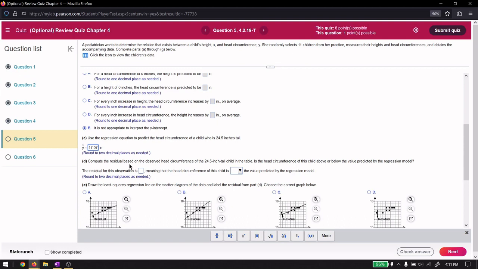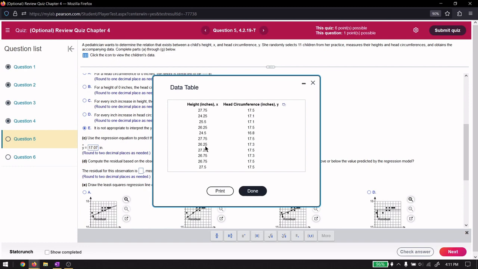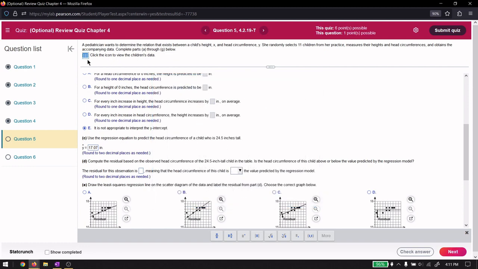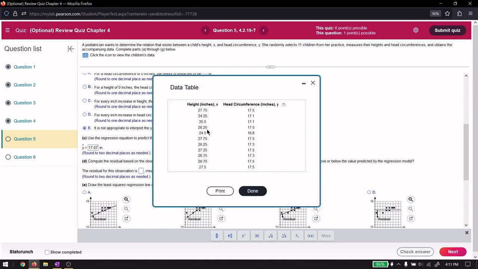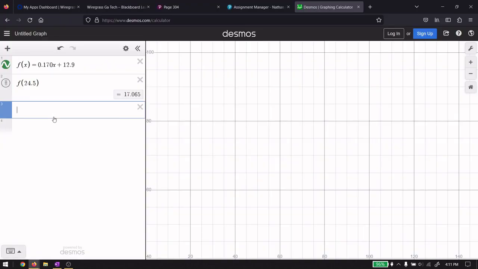Okay. Compute the residual based on the observed head circumference. So what's the difference between this and the actual data? Do we have data for 24.5? We do. 24.5 is 16.8. So the residual is the difference in the heights: 17.07 minus 16.8. And the residual is 0.27 inches.